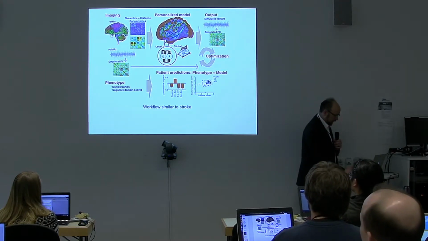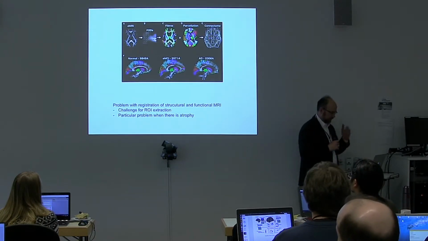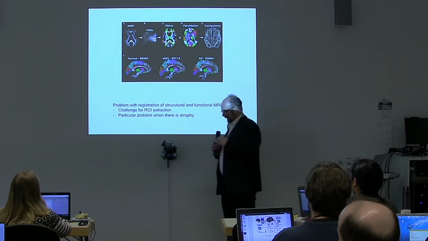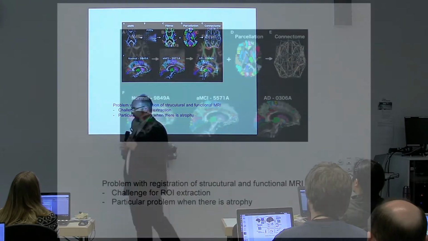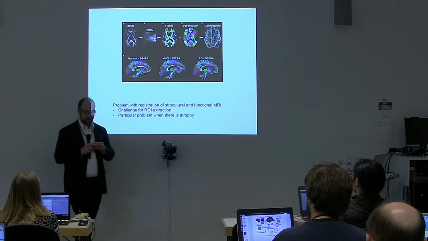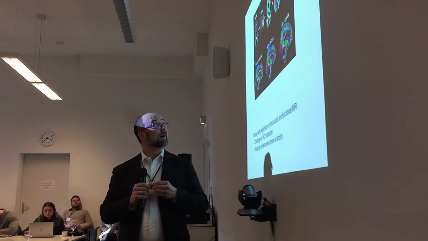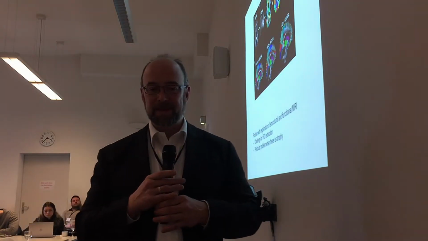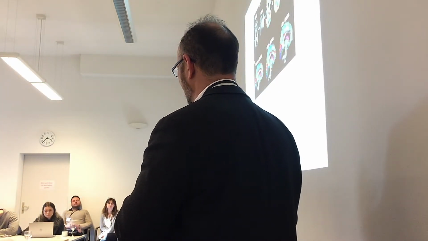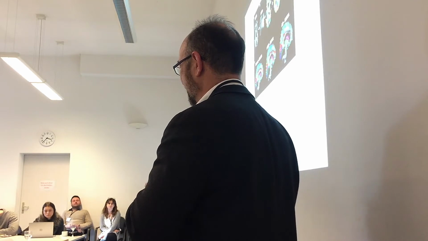I do want to show you one thing, though, that is important, and this is getting back to something that Misha was mentioning earlier today, is that these are hard data to work with because there's a lot of atrophy, there's a lot of misregistration between different modalities, and as a result, you can get ROI templates sampling CSF instead of sampling gray matter, which can be a problem, of course, if your ROI is basically sampling nothing, well, fluid instead of neuronal activity.